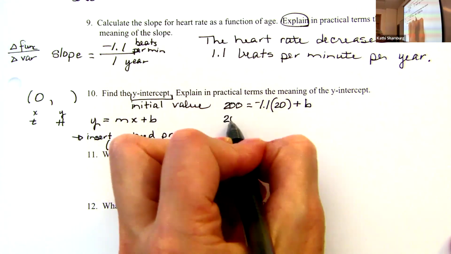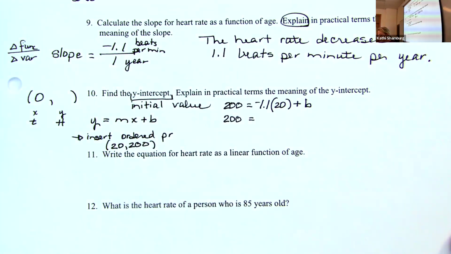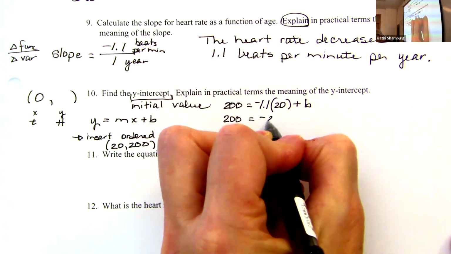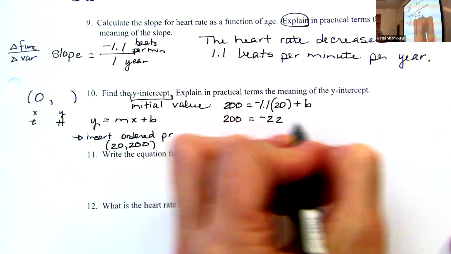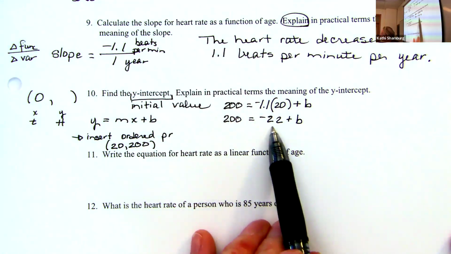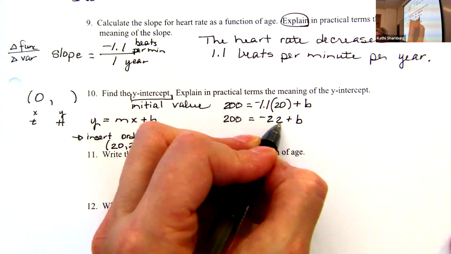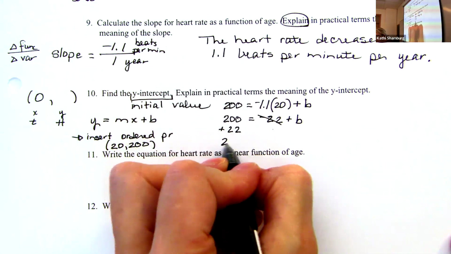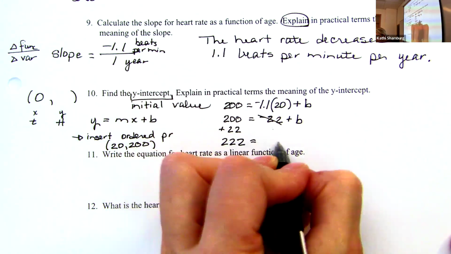So we would have 200 equals, what's negative 1.1 times 20? Negative 22. Okay, thank you. Then I'm going to solve for b. So I need to move negative 22. So don't subtract it from both sides. We will add it to both sides. So we get 222 equals b.